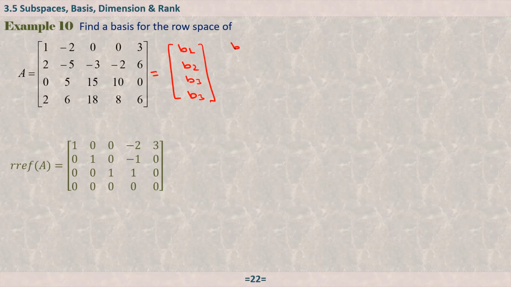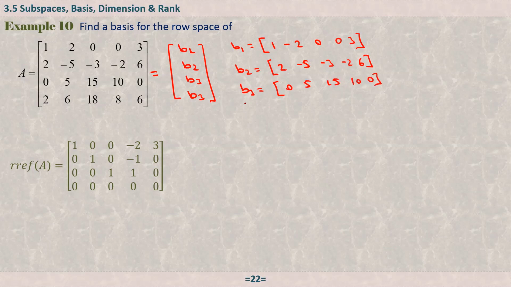B1 is this 1, -2, 0, 0, 3. And B2 is this vector 2, -5, -3, -2, and 6. And B3 is 0, 5, 15, and 10, and 0. And the last row is 2, 6, 18, 8, 6.